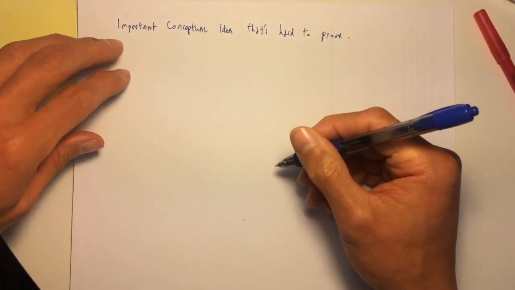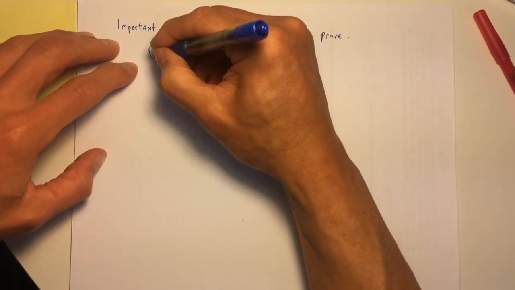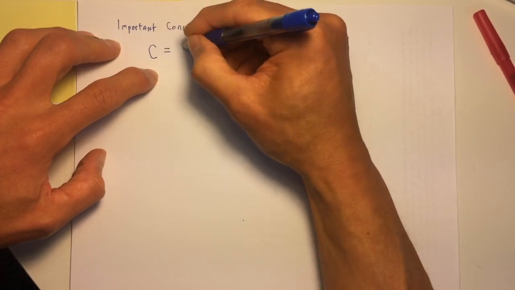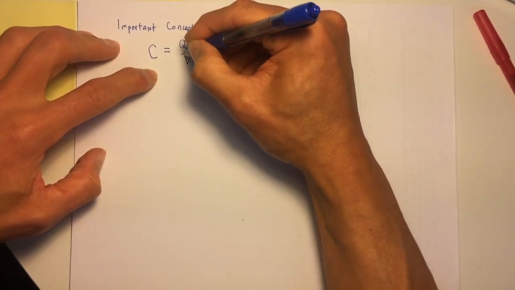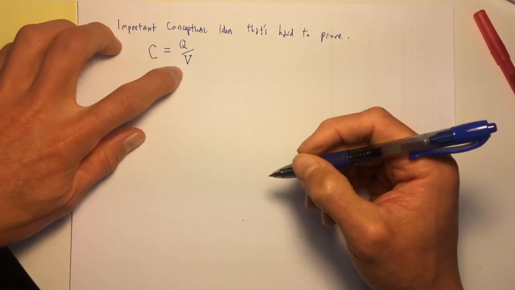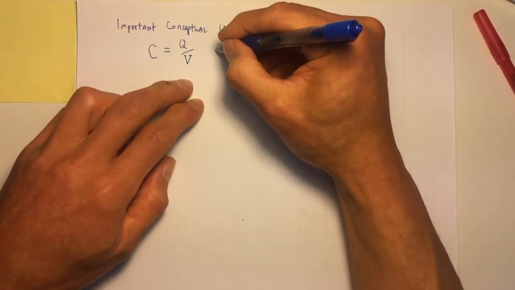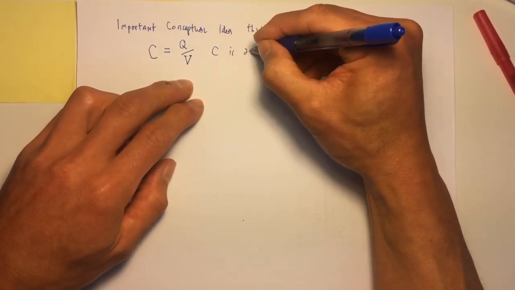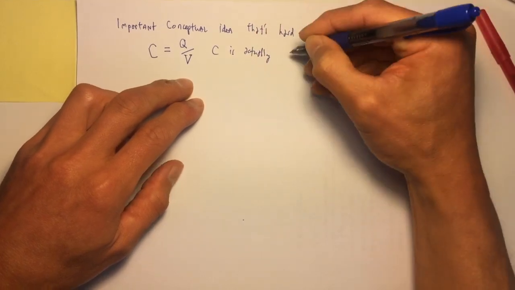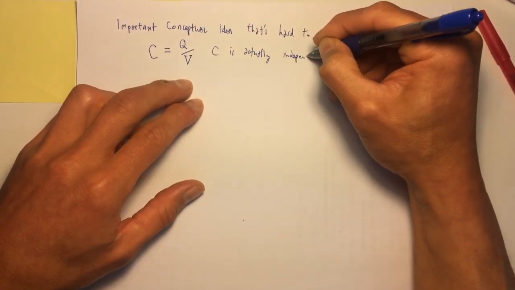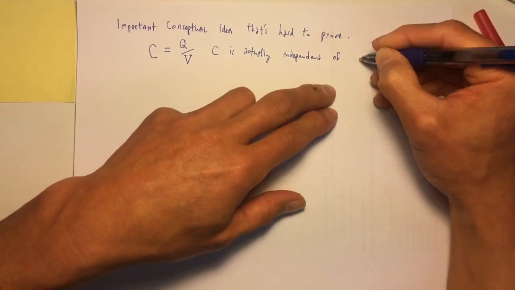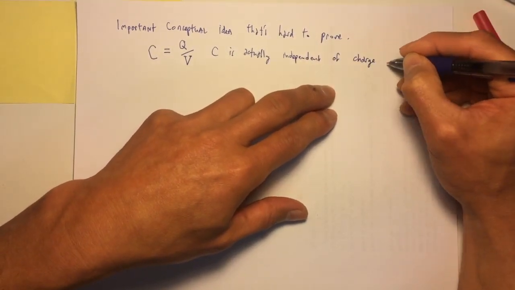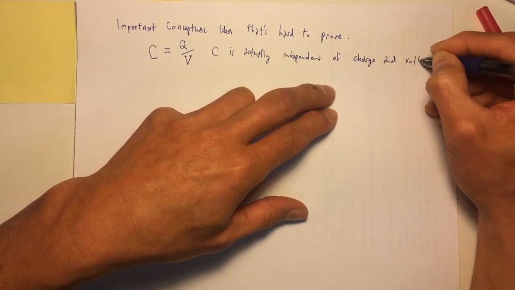Capacitance is charge separation divided by potential difference. That is what it is. But C is actually independent of charge and voltage.